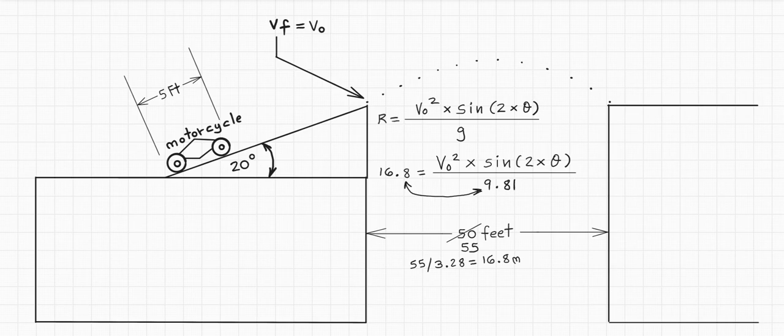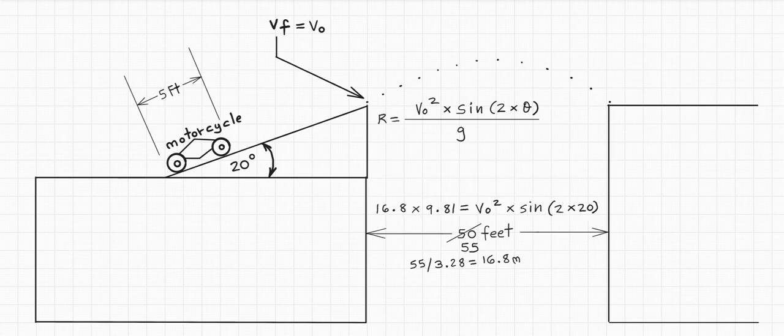So we could just multiply the 16.8 times the denominator of 9.81 and make this equal to the numerator on the top here. So then we get V0 squared times sine of 2 times the 20 degrees. And make sure your calculator is in the degree mode, not the radian mode when you do this. So sine of 40 degrees.